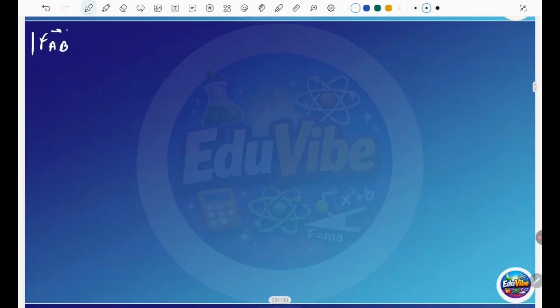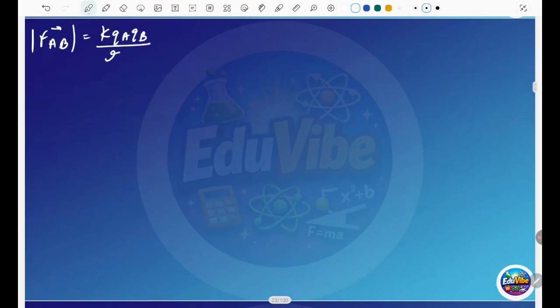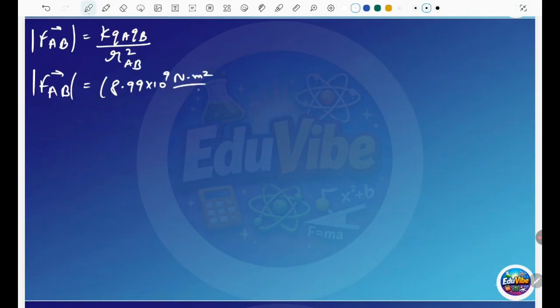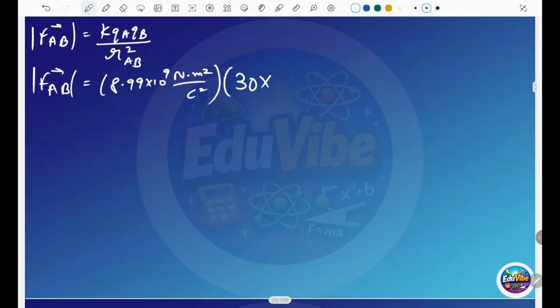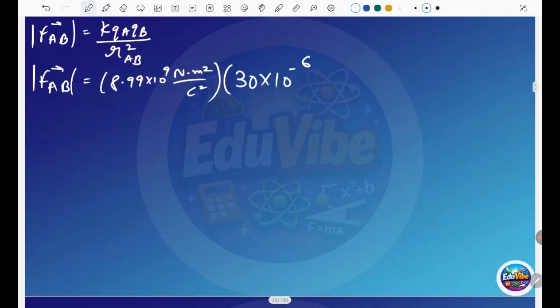So find from A to B. This is k Q_A Q_B over r squared AB. So this is equal to 8.99 times 10 raised to power 9, times the square of 30 micro, which has the value of 10 raised to power minus 6 coulombs.